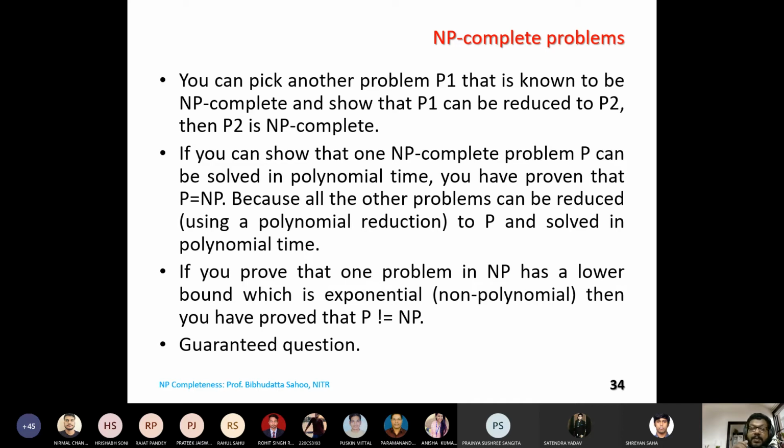After proving that, if I have developed a polynomial time algorithm for a particular problem, then you can prove that any problem belonging to NP can be solved in polynomial time, because you are talking of a problem which is NP complete, which belongs to the family of NP. This has not happened till now.